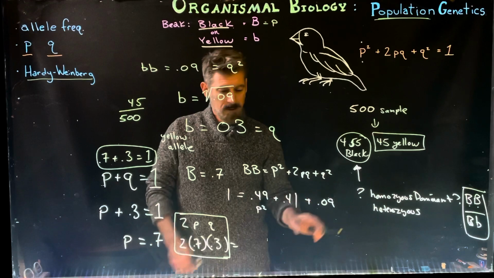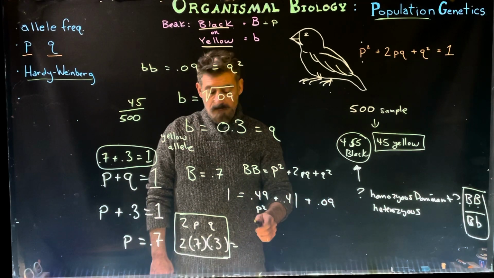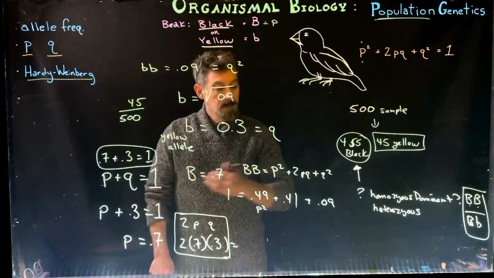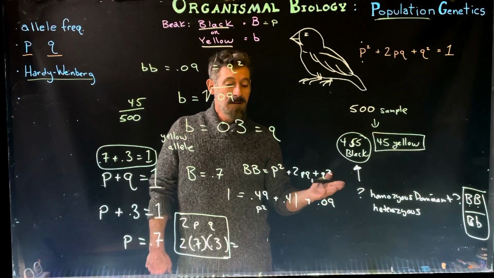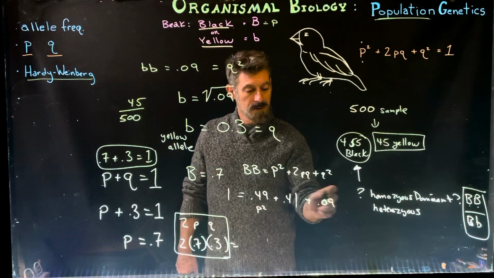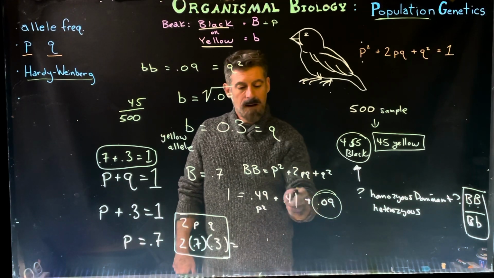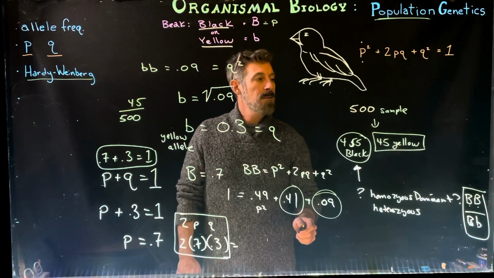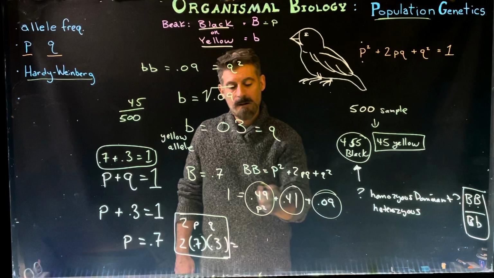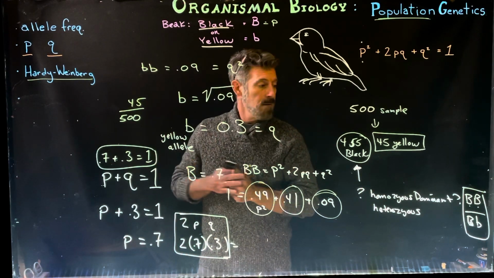And I think there's a little rounding error when I did this, so we're off by a little bit. So it doesn't add up to exactly 1, it's like 0.99. So we can figure this out. We have essentially 9% of the population who have the yellow beaks. We have 41% of the population with a black beak, but they're heterozygous, and we have 49% of the population with black beaks that are homozygous dominant for the black beak.